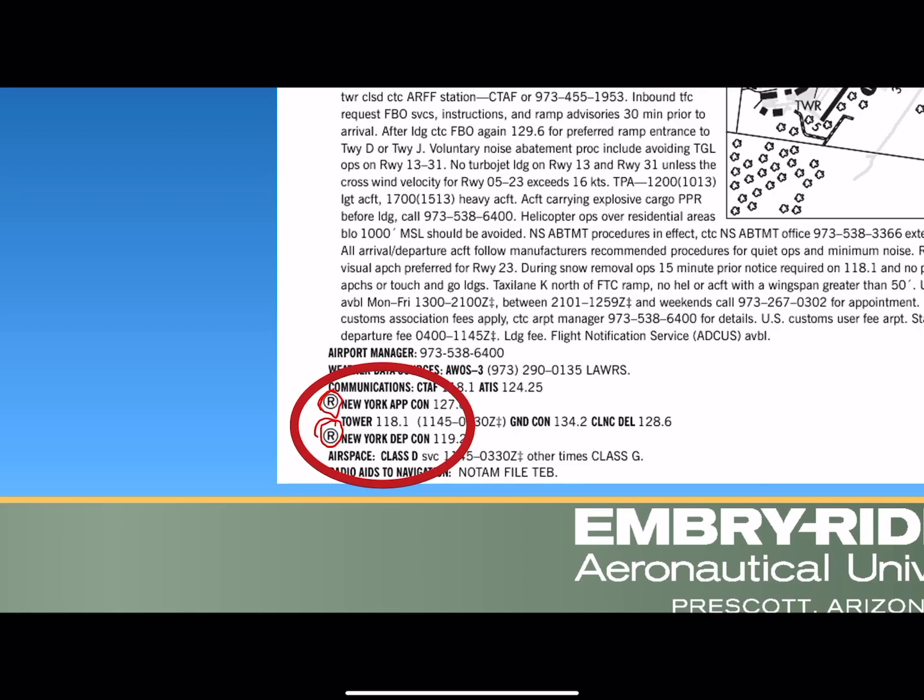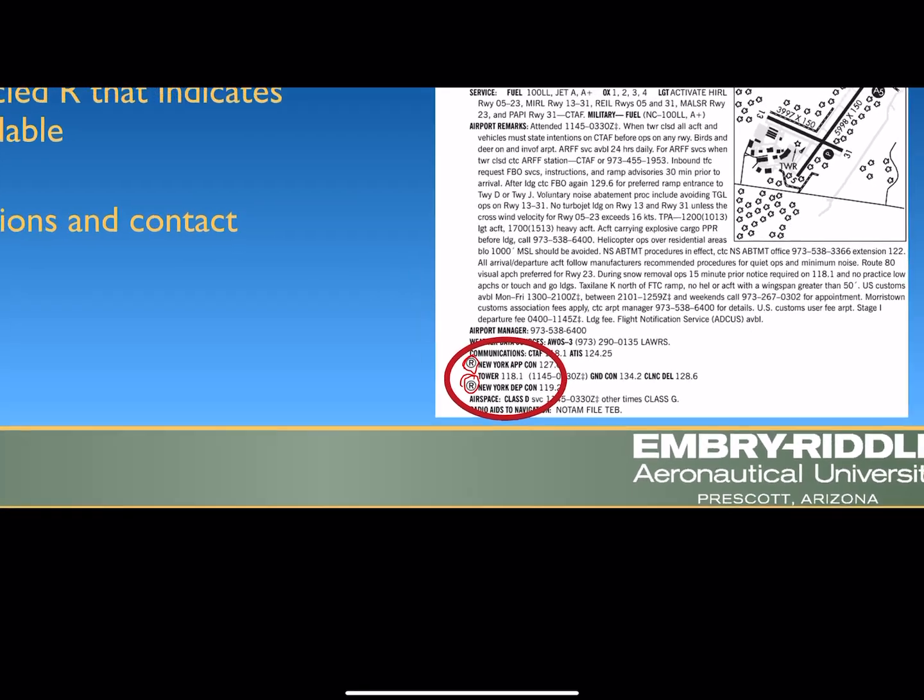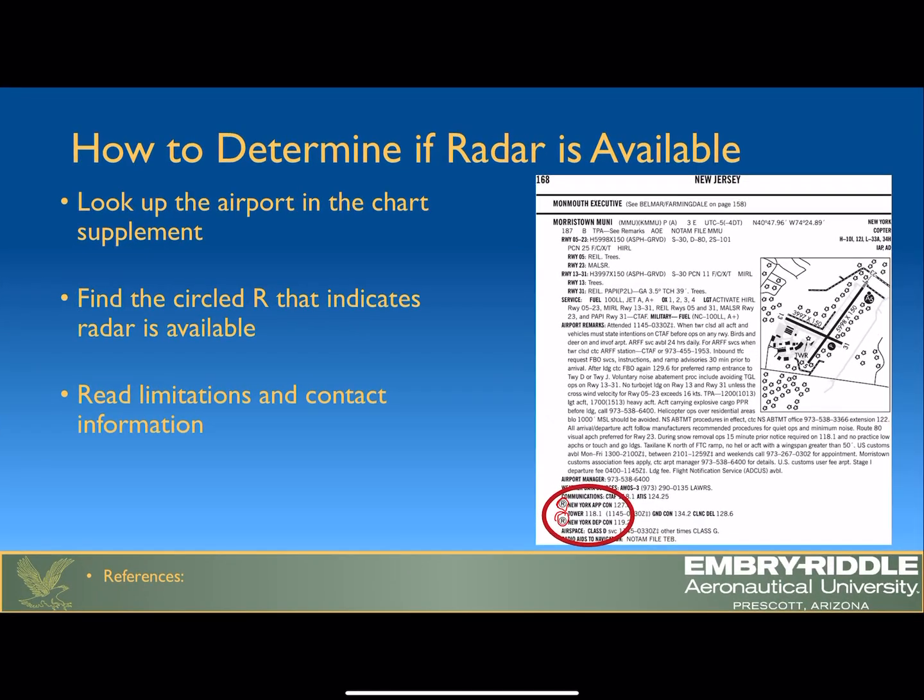For example, New York approach control has radar because of that little R. New York departure control also has radar because of that little R. You'll see tower does not have its own radar. So that's how you would know who has radar available to them. And then you can read the limitations of radar in the airport remarks.